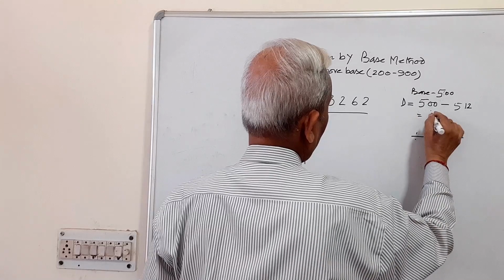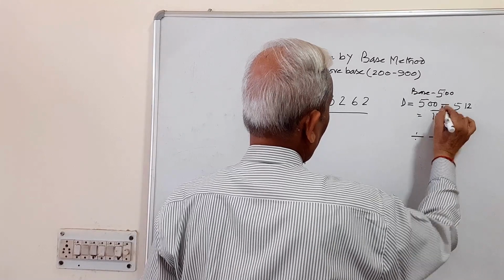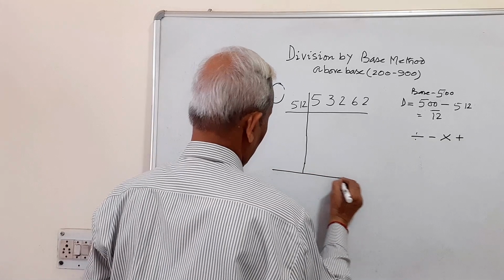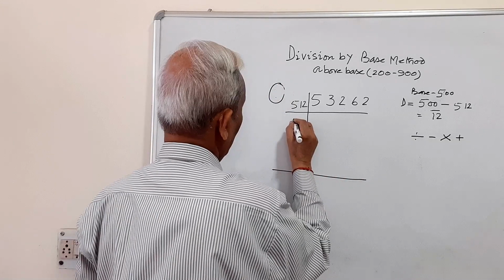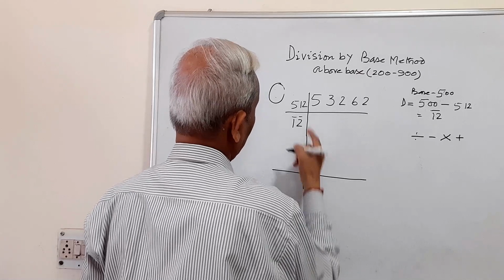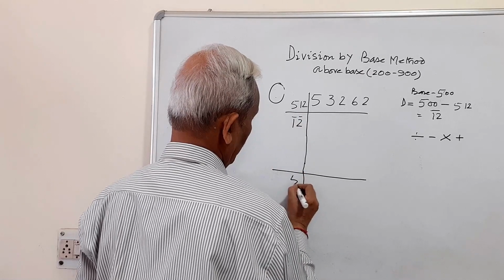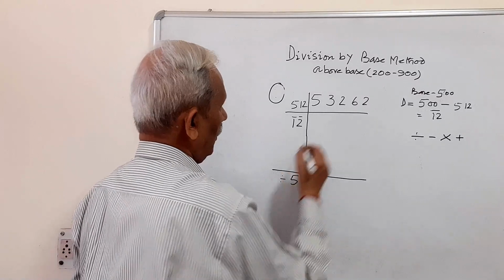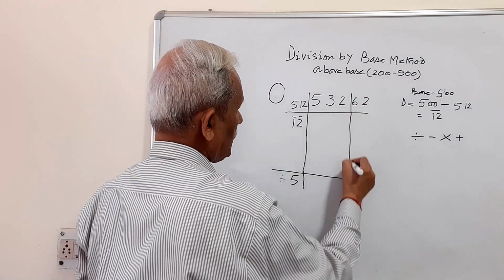It's 12 bar. Okay, now 12 bar, write down 12 bar here, and it is to be divided by the number 5. Now put down one line after 2 digits.